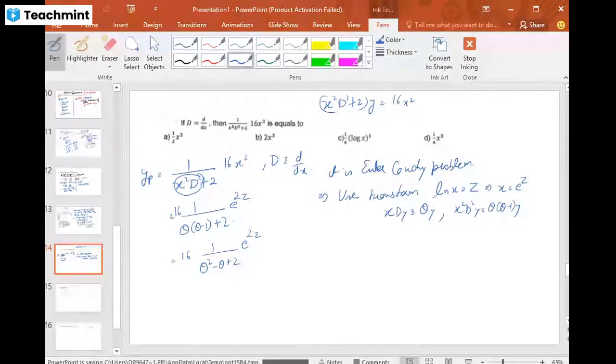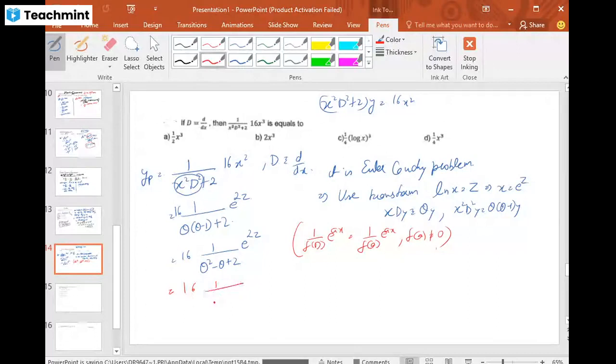Now it is an exponential function. So here we can use the property 1 upon f of D on e power ax is 1 upon f of a times e power ax, provided f of a is not equal to 0. Because it is in the exponential form, we can use this property. It is 16 times 1 upon (2 square minus 2 plus 2) e power 2z.